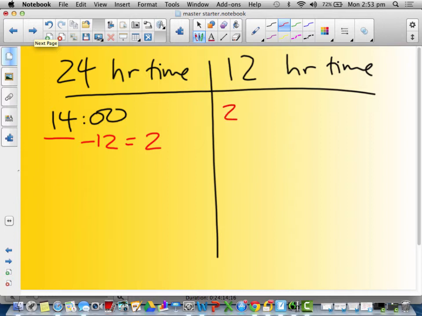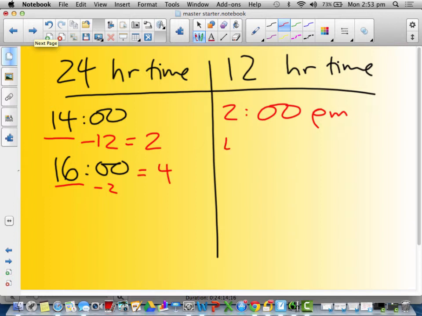So this becomes 2 o'clock p.m. Or you could look at the 16 o'clock, and again just look at this 16 here and then minus 12, and that becomes 4, so that becomes 4 p.m.